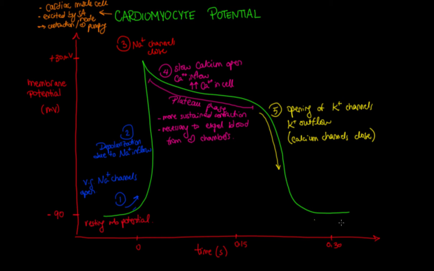This happens all the way until we re-establish resting membrane potential at negative 90 millivolts. As I mentioned at the beginning, this electrical activity in the cardiomyocyte is what allows it to contract. So the cardiomyocyte is contracting and then relaxing, waiting for its next trigger or excitation by the SA node.